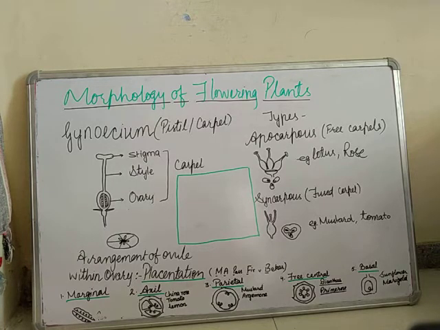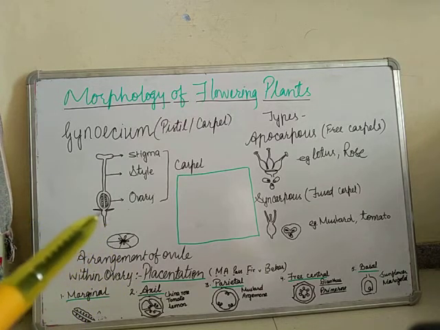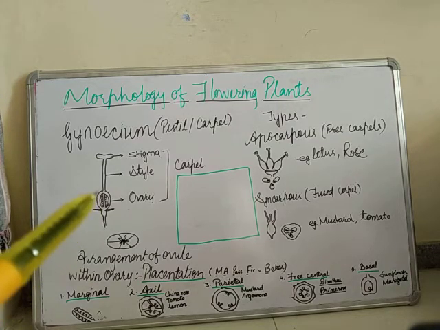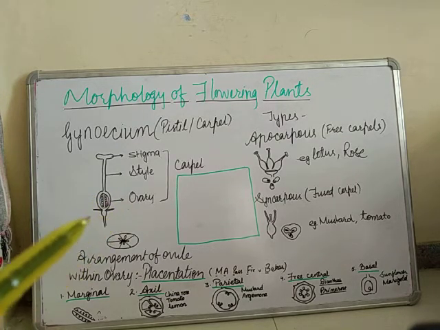After fertilization, the ovule develops into the seed and the ovary matures into the fruit. You can see the ovules inside here. So ovules convert into seeds and the ovary gets converted into the fruit.